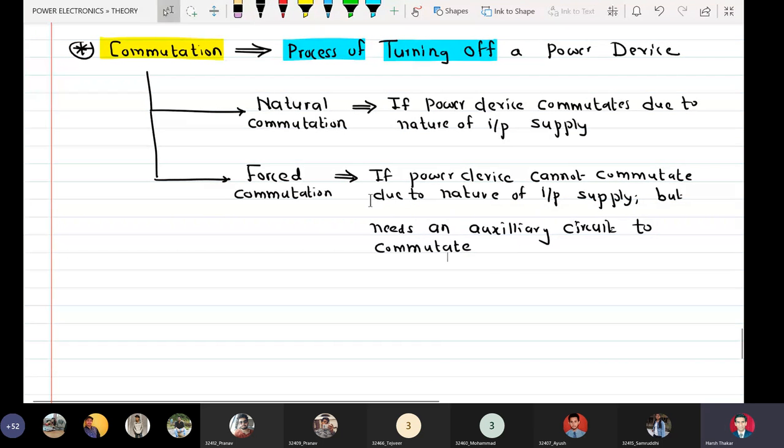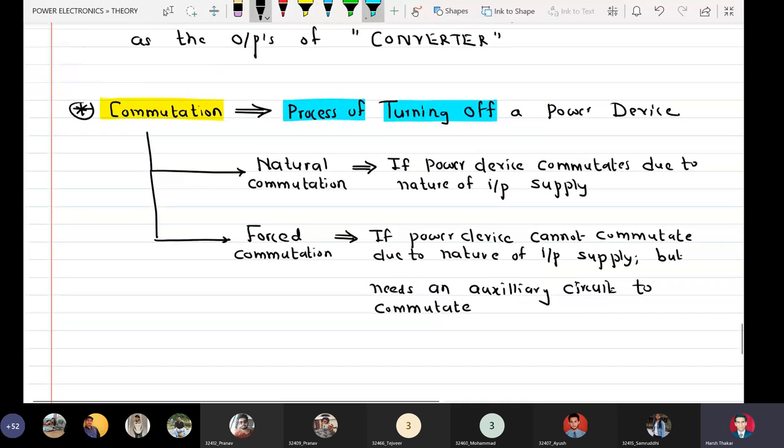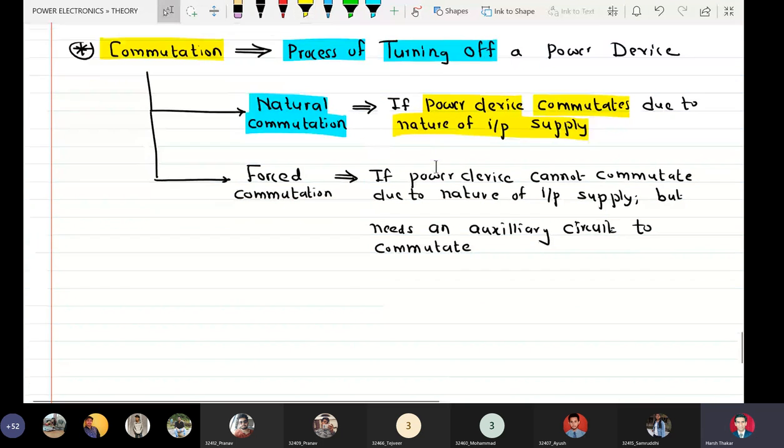Okay, so the definitions are like this: natural commutation means if the power device commutates or switches off due to the nature of input supply, it is called natural commutation. On the other hand, if the power device needs an auxiliary circuit to commutate, it is called as force commutation.